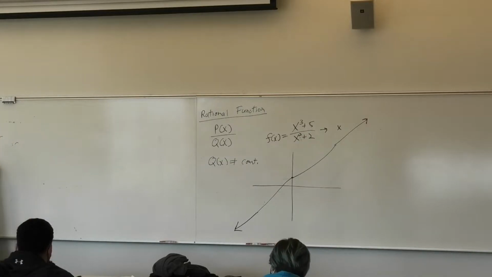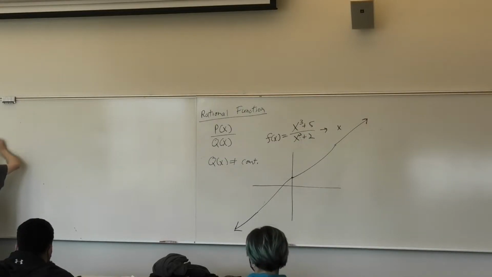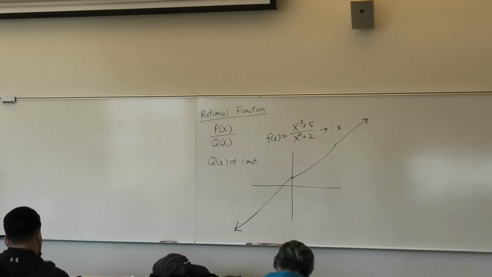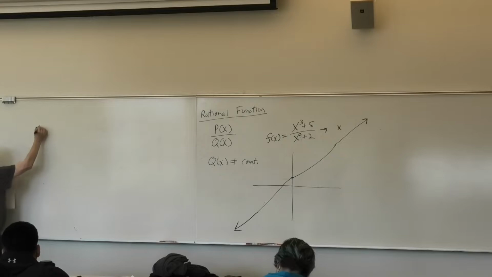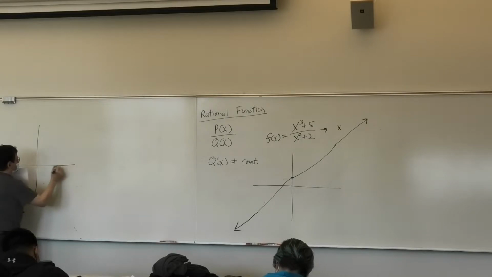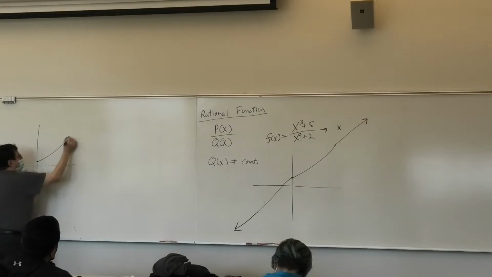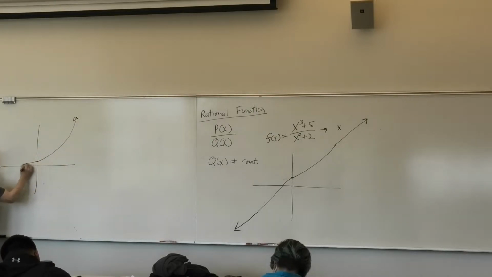I kind of skipped over exponential functions. An exponential function, 10 to the x or e to the x, you should know looks like it's going to go through 1 and go up. Any function of this form is going to look similar.